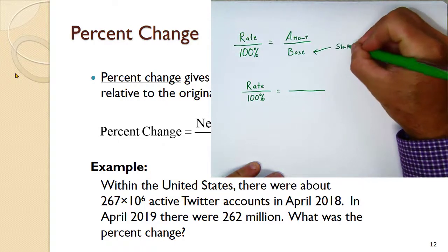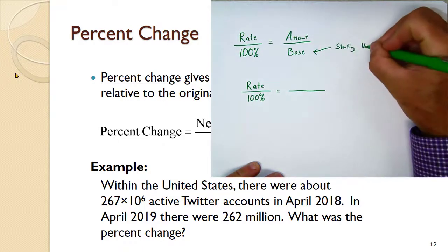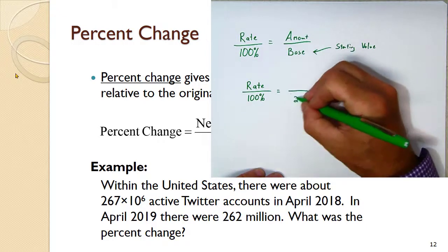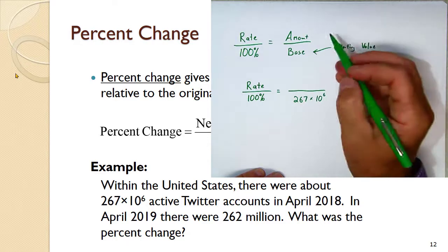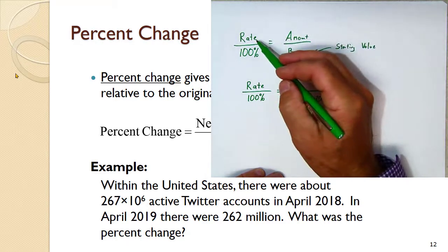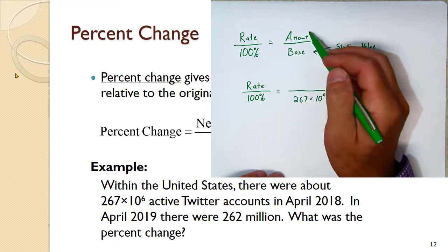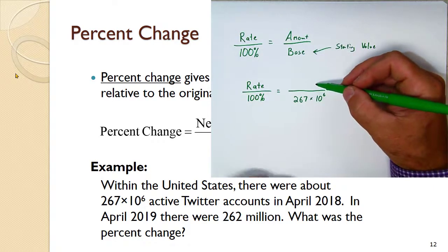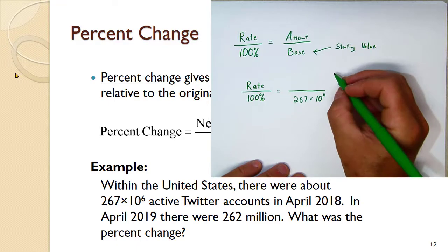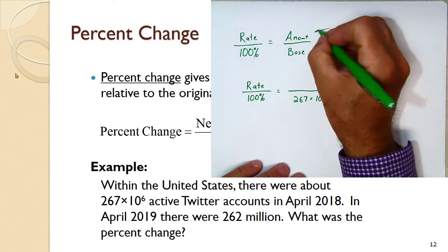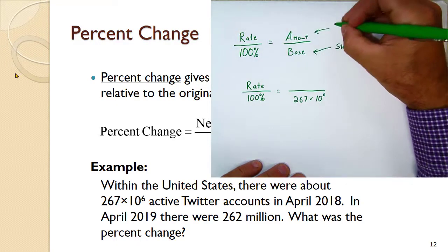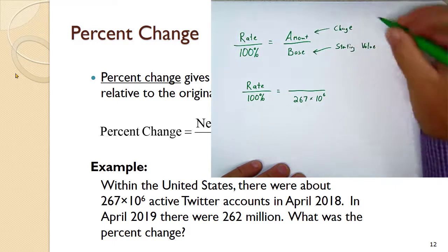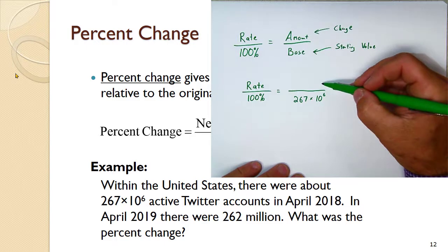So our base should be the starting value, and in this case that is 267 million. Now, if we're trying to find the percent change, the amount should be the amount of the change. It's tempting to put 262 million in there, and you could, but a better approach is to say the amount of the change is the amount in our proportion.